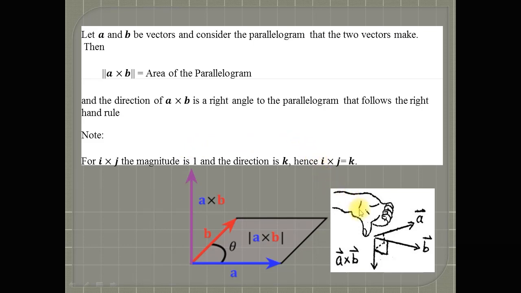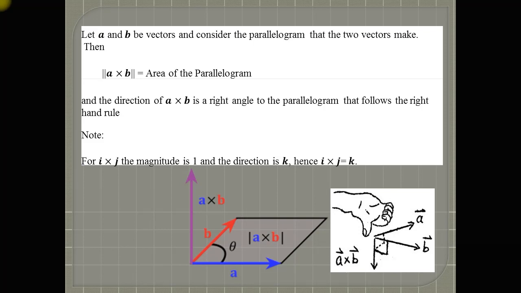So, dear students, note that according to this rule, this is actually A cross B. This A cross B is represented by this vector. And you see over here, this vector is perpendicular to vector A, and also perpendicular to vector B. So the cross product or vector product of two vectors gives a vector which is perpendicular to both vectors.